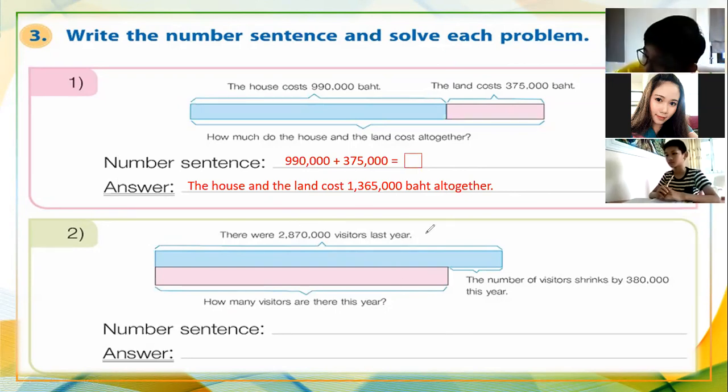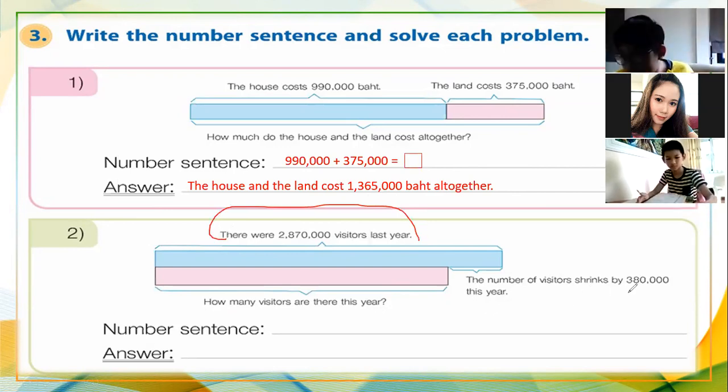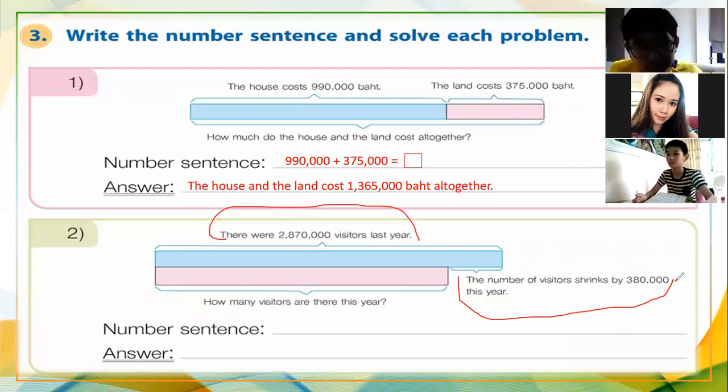Now the second piece of information is that the number of visitors shrank by 380,000 this year. So this is the second figure: 380,000 visitors, it reduced, it came down. So what do we have to find? We have to find how many visitors there are this year.